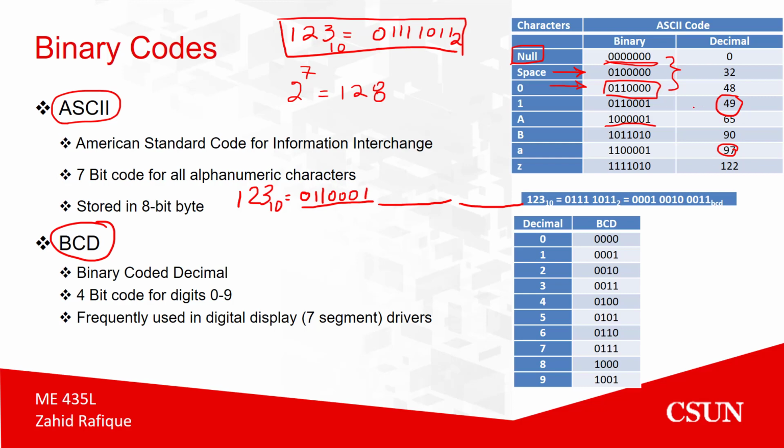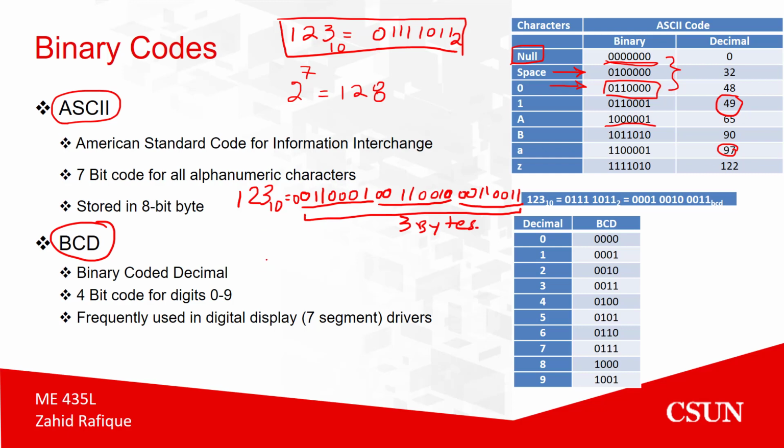For 2, the ASCII code would be decimal 50 and binary would be 0110010. And for 3, it will be 0110011, a total of 21 bits required. We can add one extra bit to the left on each of these so that each one of these is a byte. So essentially, we will be representing the ASCII code for 123 with 3 bytes.